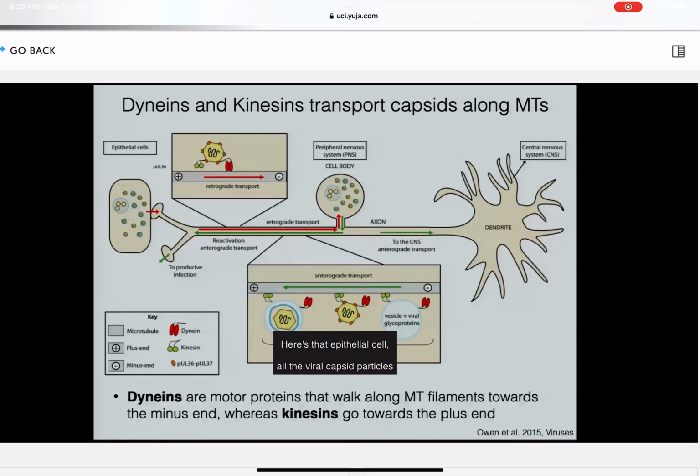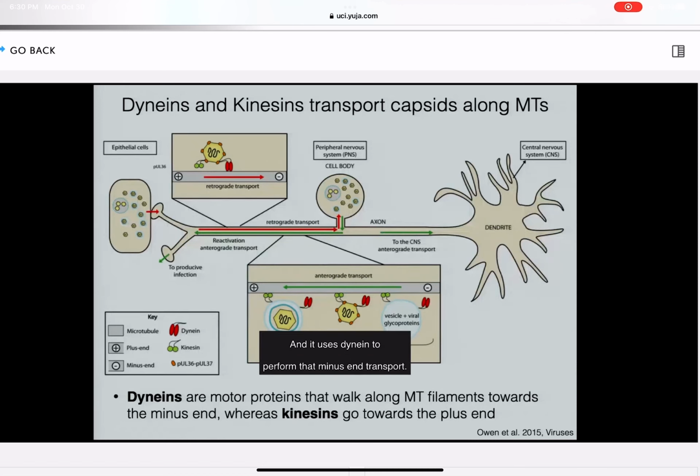So here is that neuron. Here's that epithelial cell, all the viral capsid particles being produced, and then infection. And so in order for that capsid to then travel along towards the nucleus of the cell, it has to undergo retrograde transport. Retrograde transport is transport towards the minus end of microtubules.